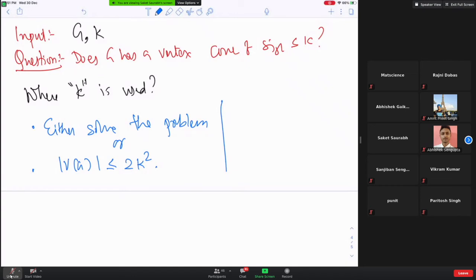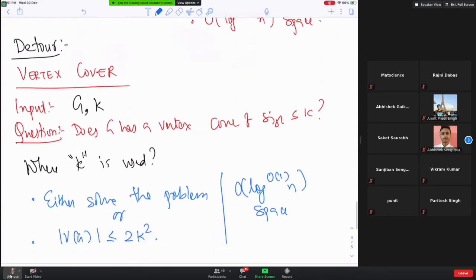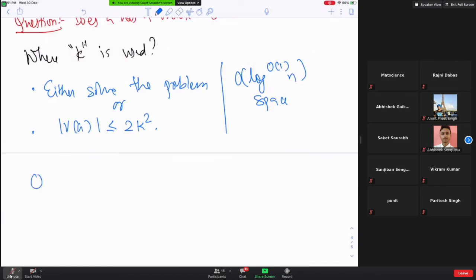Either solve the problem or tell you that the vertex cover of G is at most 2k squared. And suppose this I can do it in polylog space. Now my question to you is, can I utilize this algorithm to get an order square root n approximation in space?